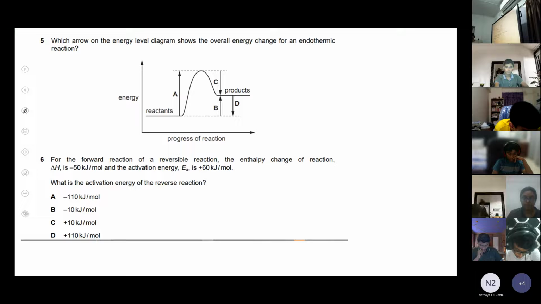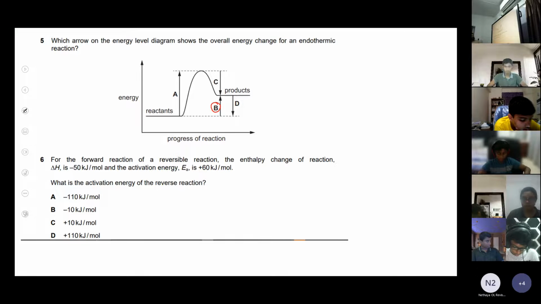Very good question, eh? Right? What is the answer? B. Overall energy change is reactants to products. Mark properly, don't cheat, use a red pen. We will mark your grid separately, don't try to sneak around it, okay? Right.